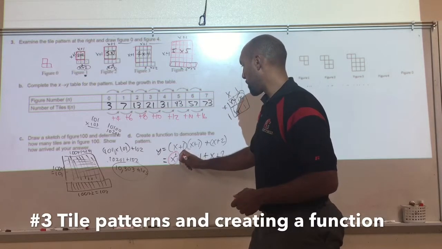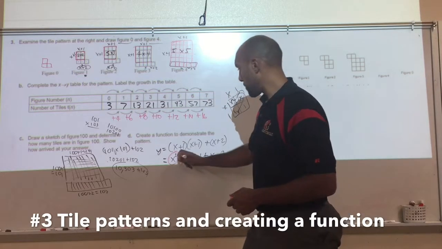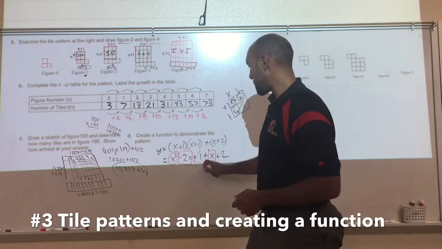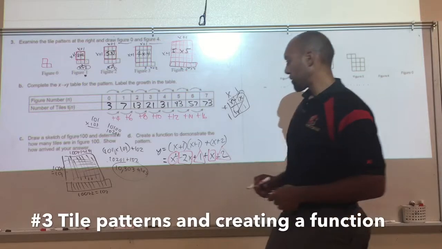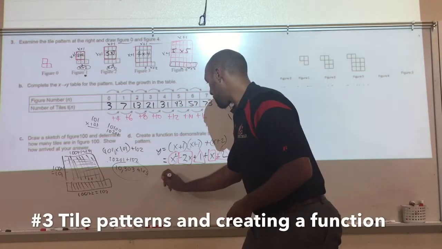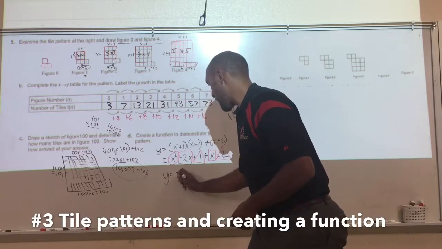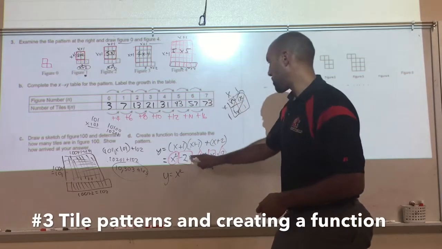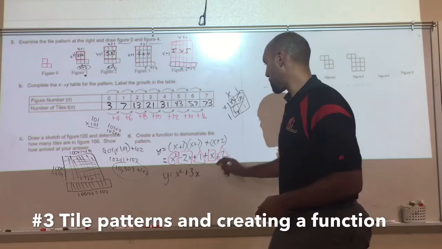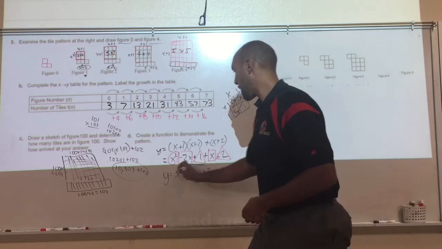Then we've got, and that's the only x squared term, then 2x and x, and then the last one would be these constants. Okay, so we're going to add the like terms together. So now y equals x squared, and we have 2x and x, so that's 3x, and then 1 and 2, so 3. And there's our equation.